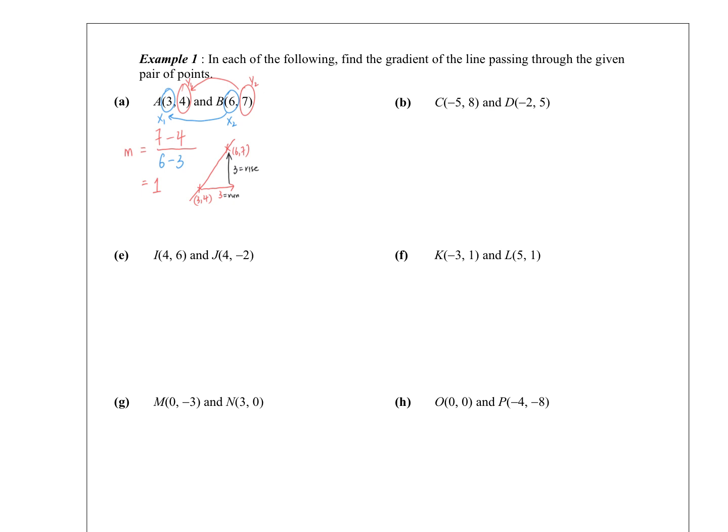m equals 0 is fine. So you take note, there are some examples where the x coordinate is exactly the same or the y coordinate is exactly the same, like this one. Then what will happen to the gradient?